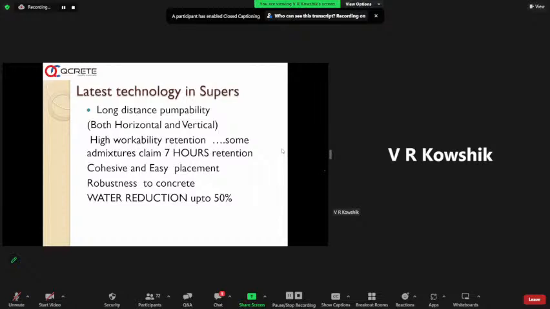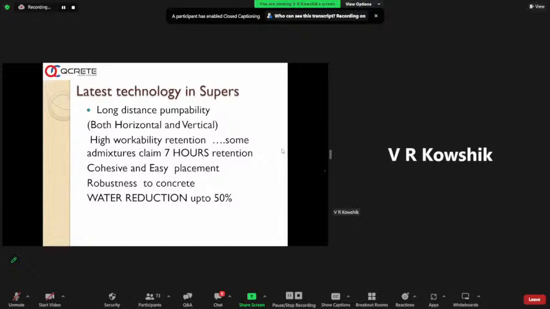Some of the admixture companies have come up with high retention versions, which can give a slump retention of almost 6 to 7 hours without causing any problem, especially no bleeding, no segregation at any point of time. You can place the concrete from 1 hour to 7 hours, and it will be in a similar state. This slump will be easily pumpable, transportable, and then finishable.